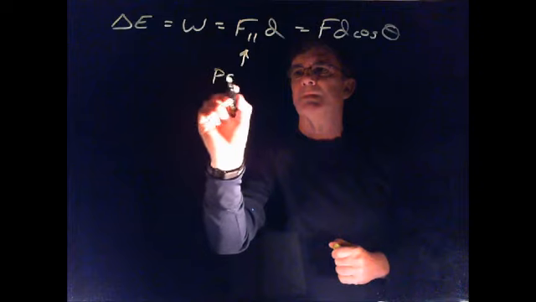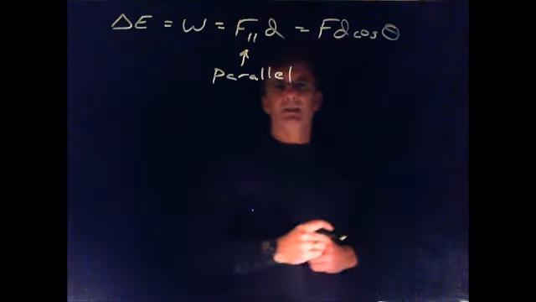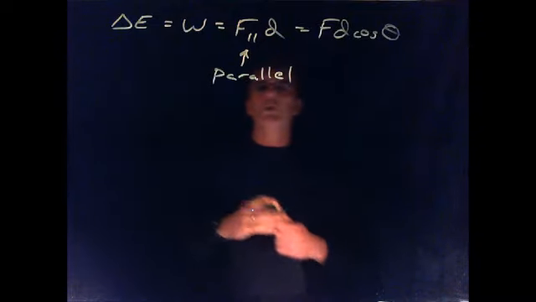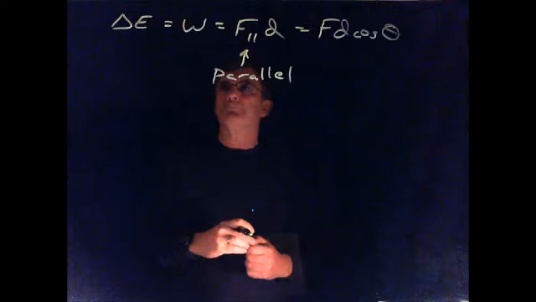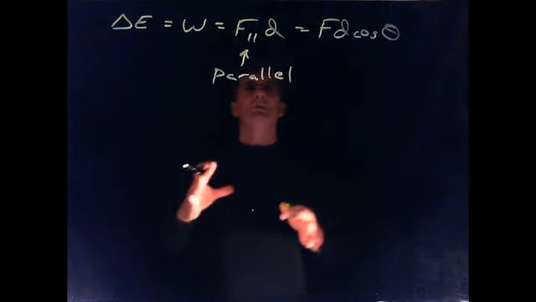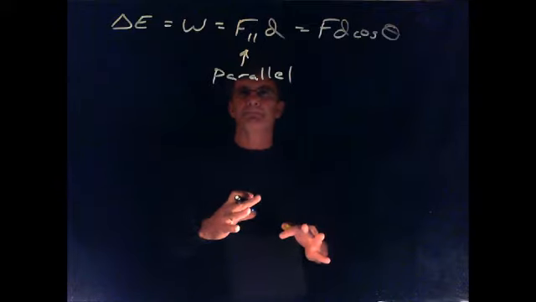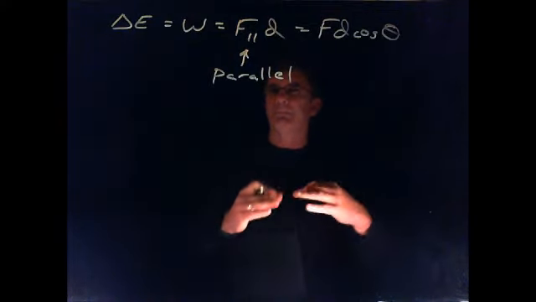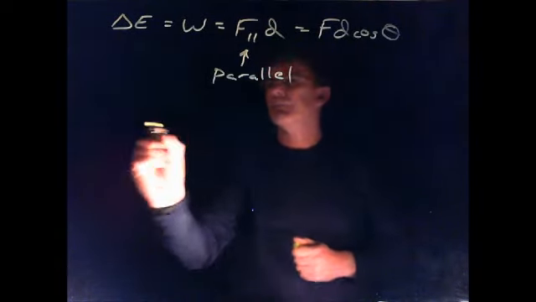Again, this is the parallel component, and I think that's a real important word to understand when things are parallel or when they're perpendicular. So let's look at a couple of relationships between this parallel force and displacement. I'm only looking at the parallel force, the component in the same direction it's moving.